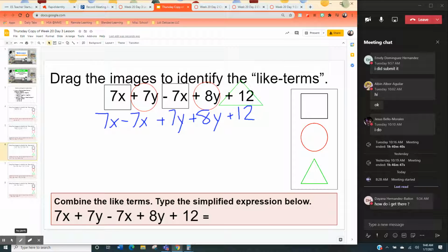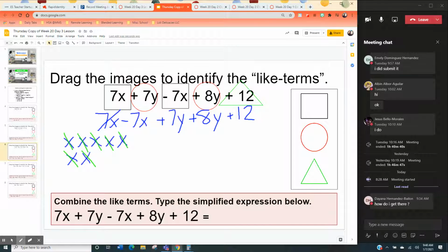Again, I can either use drawings. So for my drawings, I would do 7x's, 1, 2, 3, 4, 5, 6, 7, minus 7x. Okay, so now I'm going to take away 7x's. So 1, 2, 3, 4, 5, 6, 7.